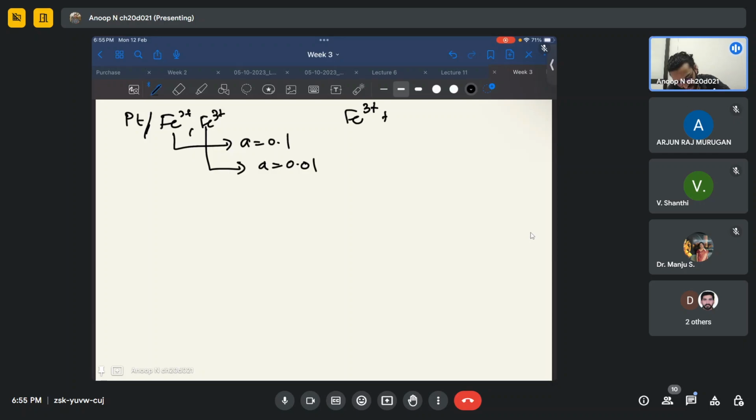Fe3+ plus an electron is giving Fe2+, where E0 of Fe3+ bar Fe2+ is equal to 0.77 volt versus SHE. So here in class problems the value of E0 may not be given, but in exams, I hope it will be given.